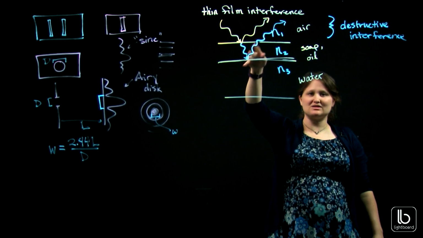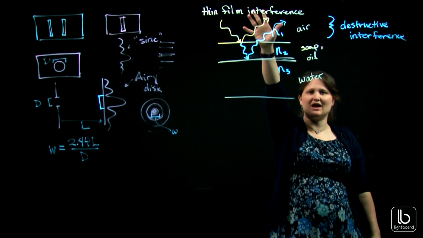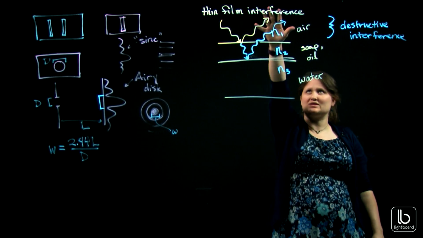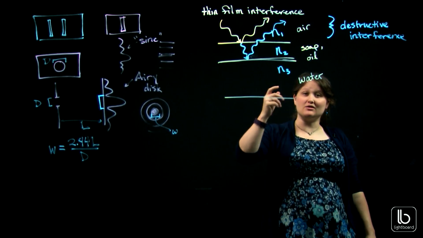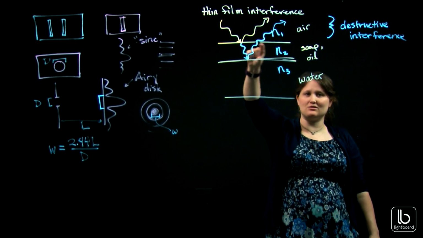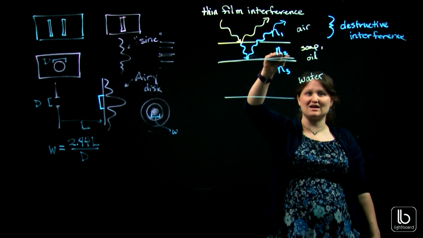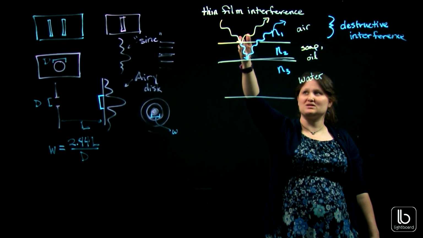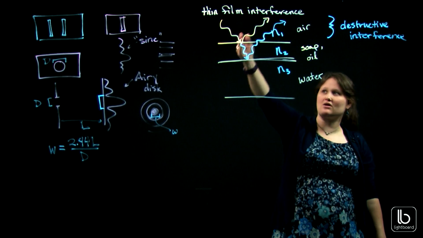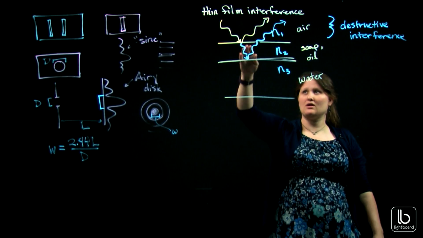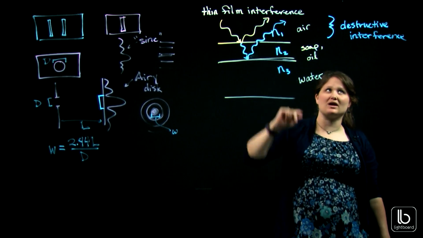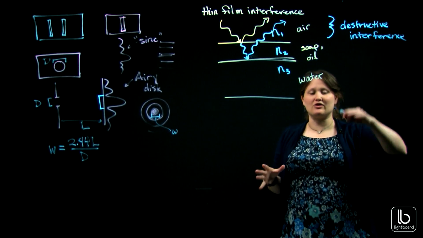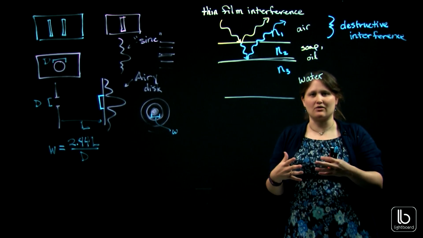And we have to have this secondary reflection or we can't have this interference going on. That's why it's called thin film interference, because I need a thin film of some other index here. I need a thin film of something so that we still get reflection off of it and transmission from it. So we get both of these rays. And when they destructively interfere, it blocks out a color. It cancels out a color.